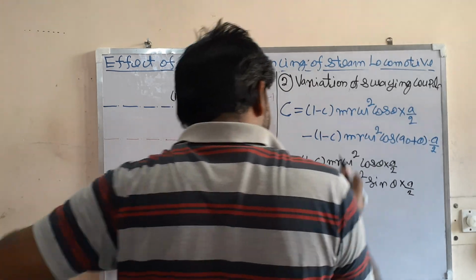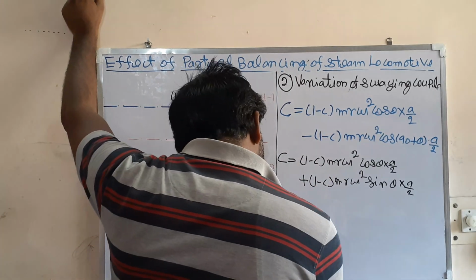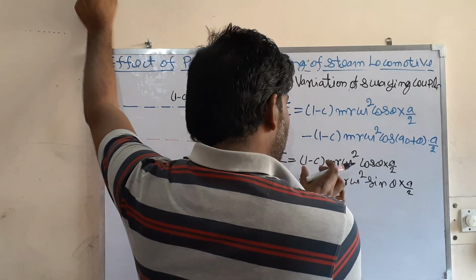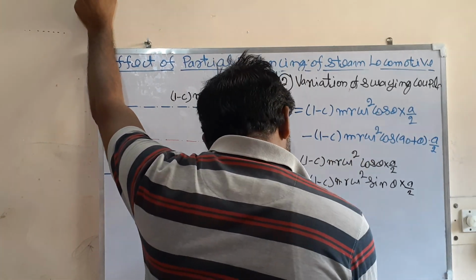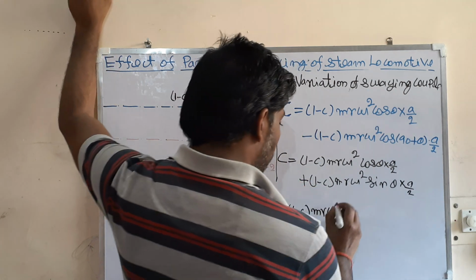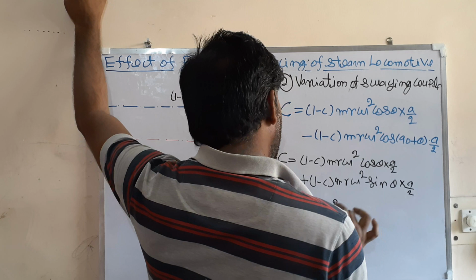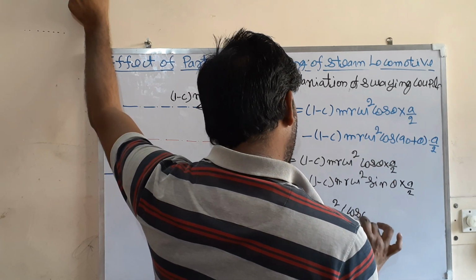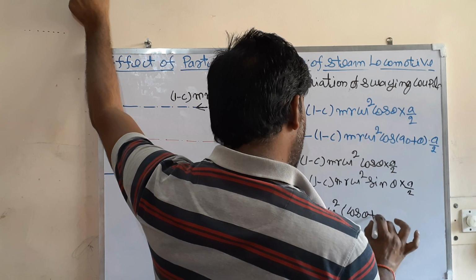Now this can be written by taking common (1 - c) m r ω², then cos θ and sin θ into a by 2.